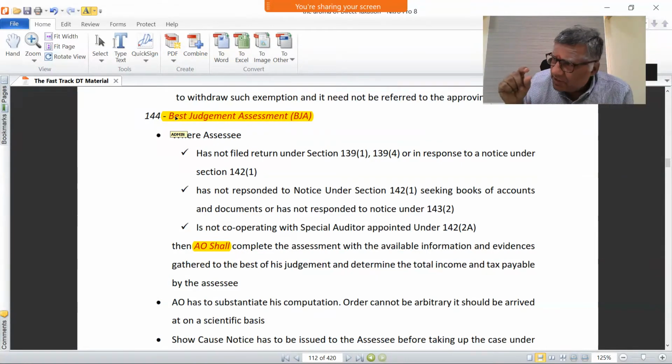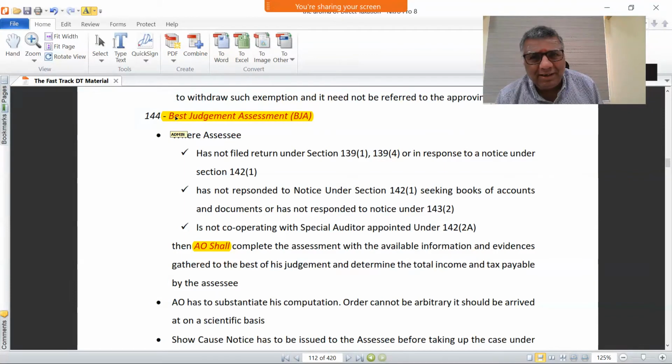This year, the industry has grown by 10%. So the assessee's minimum turnover should be 5 crore 50 lakhs. The normal gross profit of this industry is 20%. So the assessee should have earned 1 crore 10 lakhs. Like that, on a scientific basis, the AO has to compute the income.